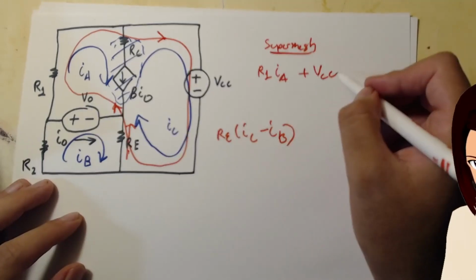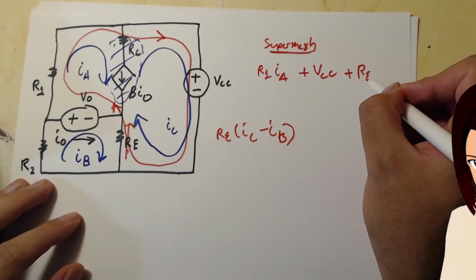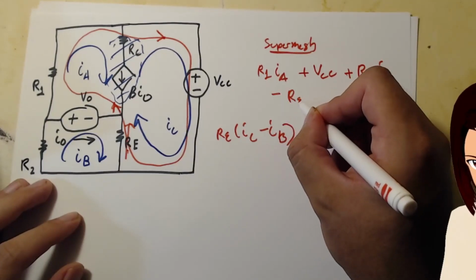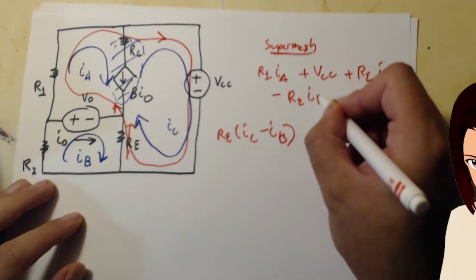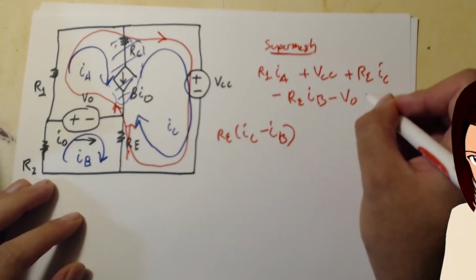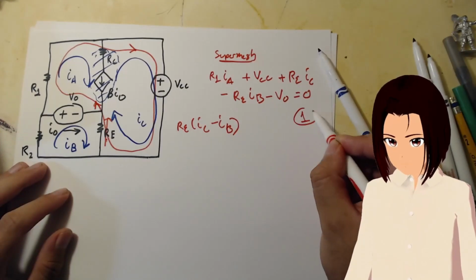But from inspection, we can just automatically write RE times IC minus RE times IB. That's from inspection. And we can also write minus VO, and that's all equal to 0. So this is our first equation.